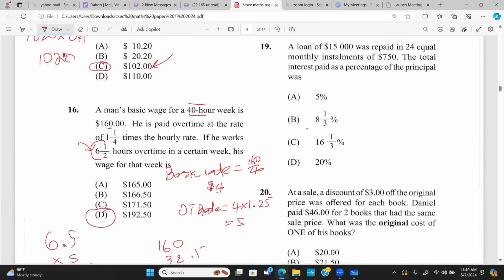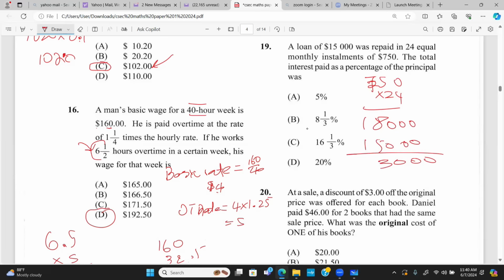A loan of 15,000 was paid in 24 equal installments of this. The interest paid as a percentage of the principal is what? Let's find out. You multiply 750 by 24. This is about 18,000 right there. Now, take away the 15,000 that you actually borrowed.